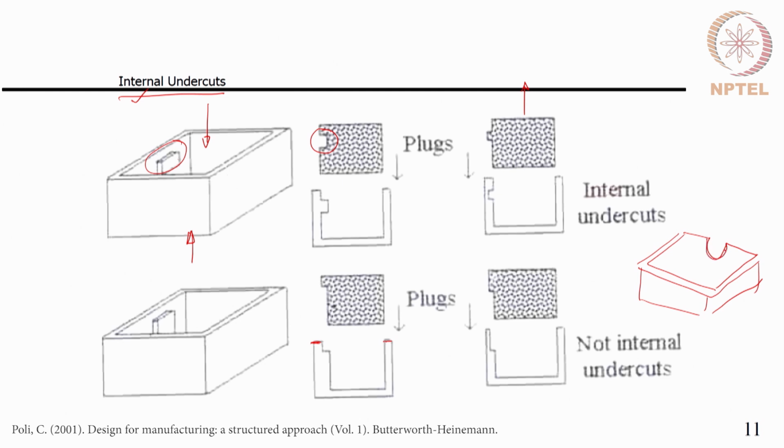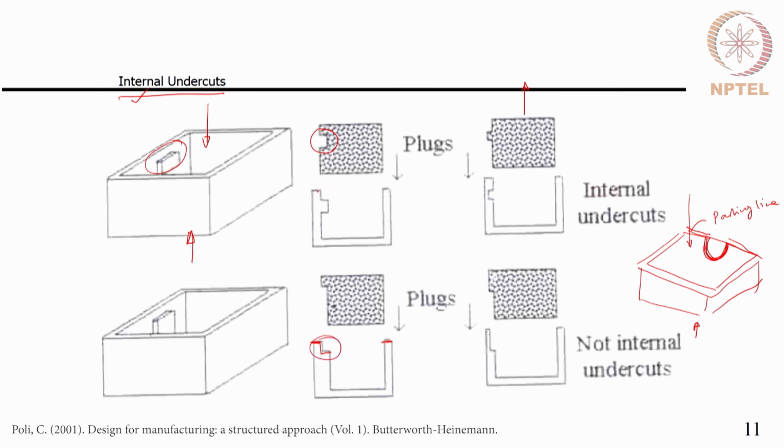This is a feature on the side wall, but this is not an internal undercut, because in the mold opening and closing direction I can still obtain this feature when I place it along the parting line. So, this is the parting line. I have placed the entire component on one half of the mold, and thereby this feature is available on the parting line. So, that is what is shown here. This feature is exactly on the parting line, and thereby this does not form an undercut.